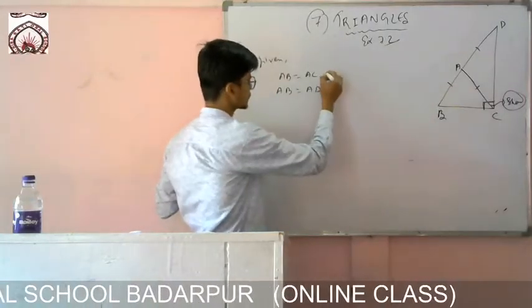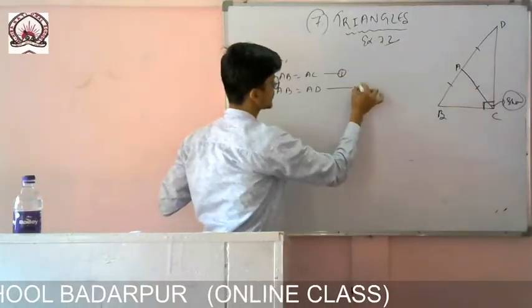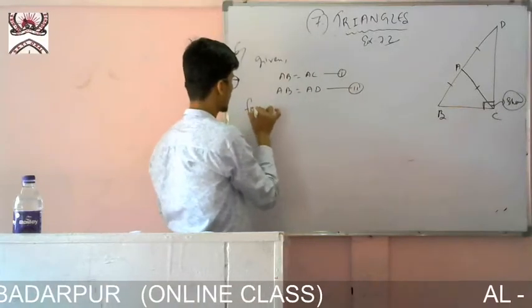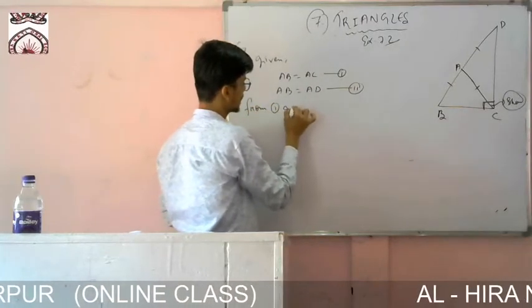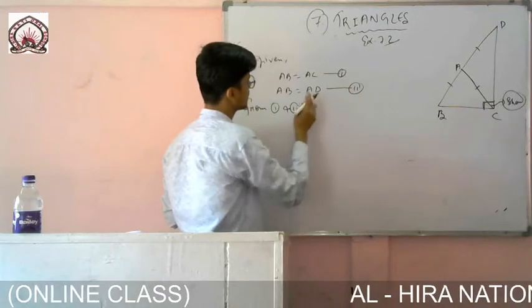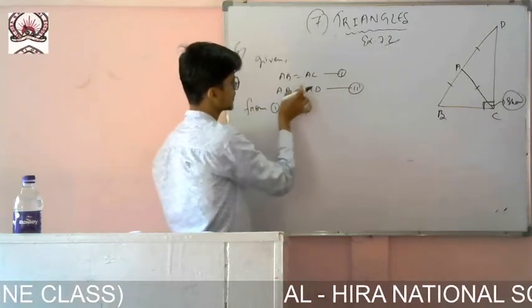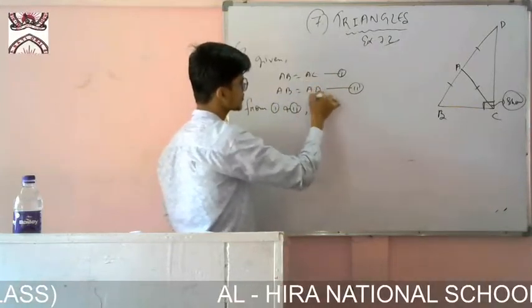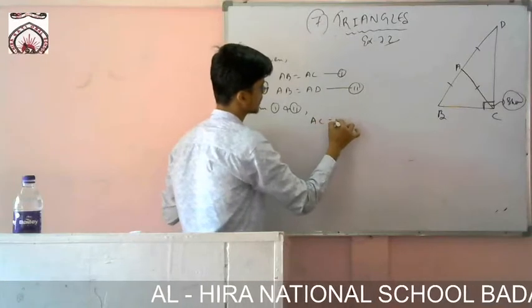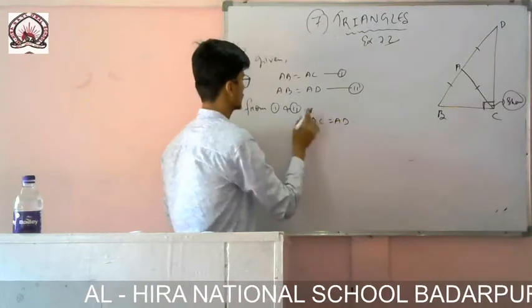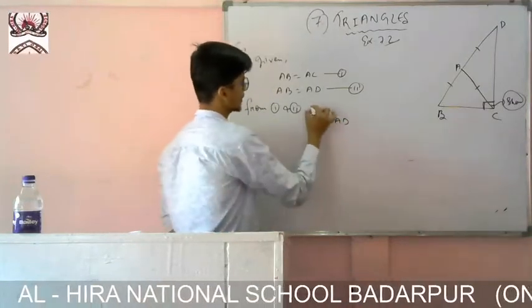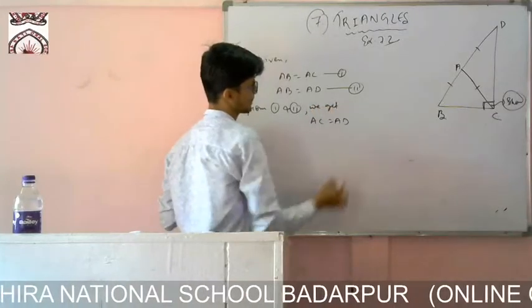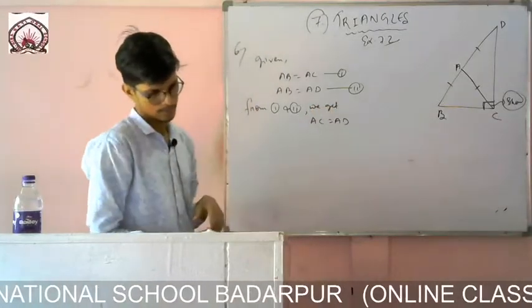So if this is equation 1 and this is equation 2, from 1 and 2 I can write: if this side is equal to that one, and this side is equal to that one, that means these two sides are also equal. So from 1 and 2 we get AC equals AD.